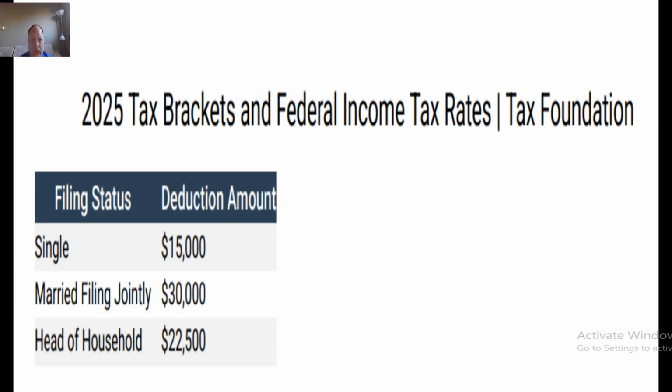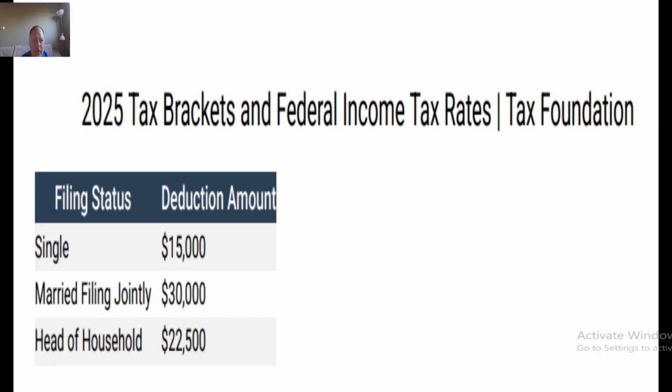What is the current state in 2025 of tax brackets and the federal income tax rates? Well, this will be the system under Donald Trump's tax cuts, which may expire in 2025, although now that the Republicans have the House, the Senate, and the presidency, it is likely they will extend them.